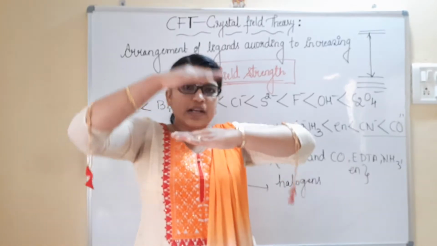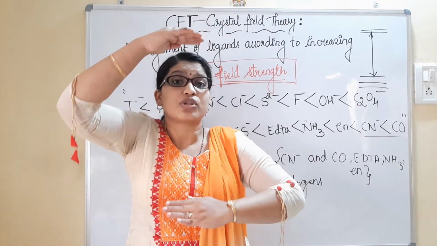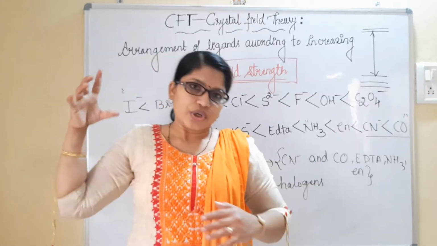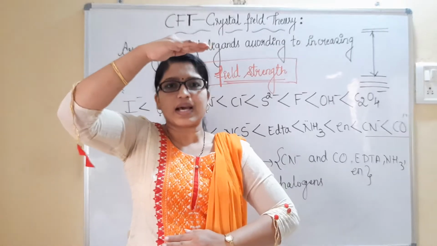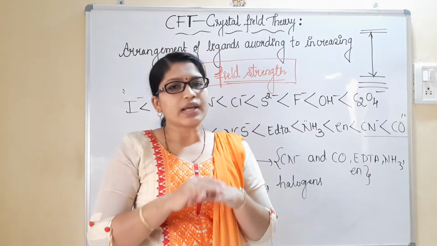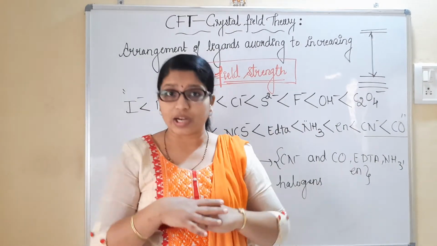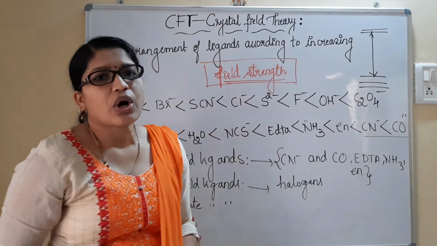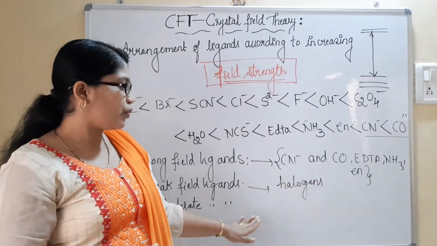When the gap between two orbitals is highest, they are said to be strong field ligands. Due to the approach of strong field ligands, splitting will be highest. Weak field ligands don't cause any splitting, almost they are the same. So this is all about the spectrochemical series. Just have knowledge of this one.